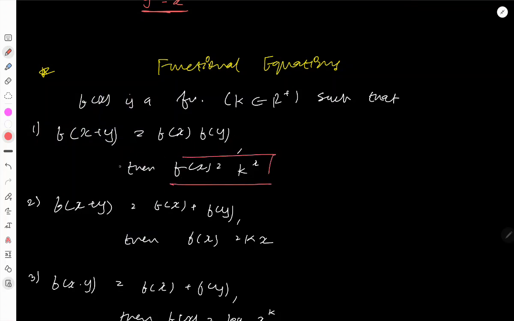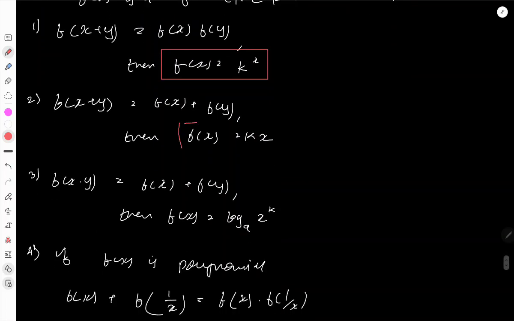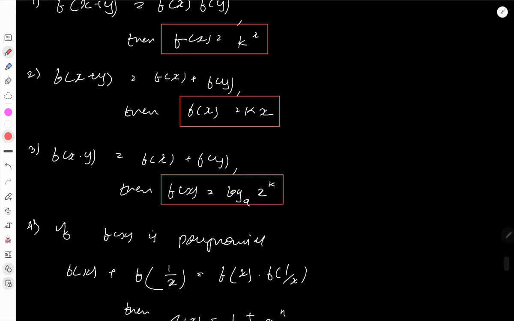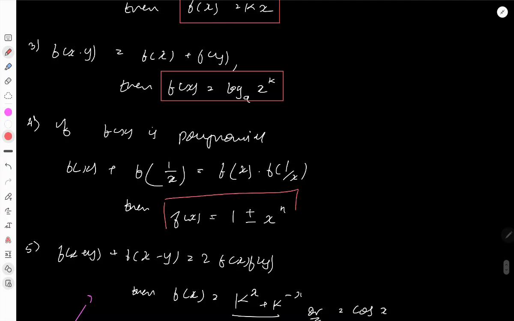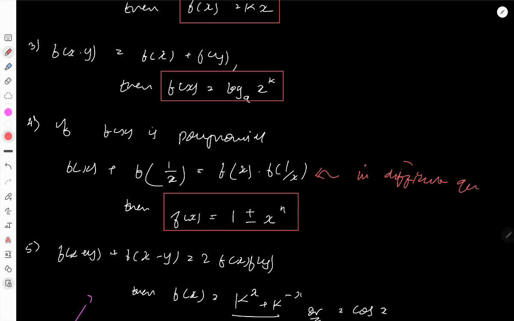Okay, just a minute, I'll make a box, good one. This equation, or this equation, or even this one, at most, if the paper is difficult, then they would ask about these difficult questions.